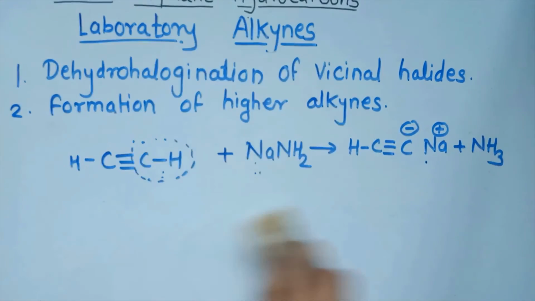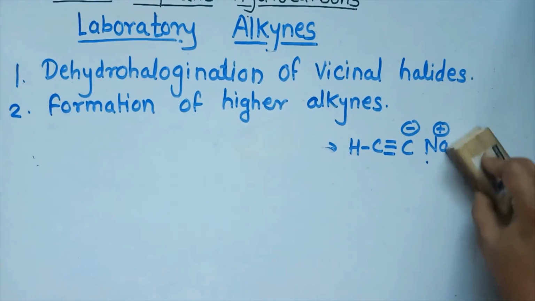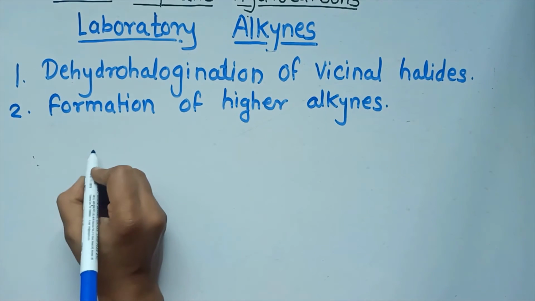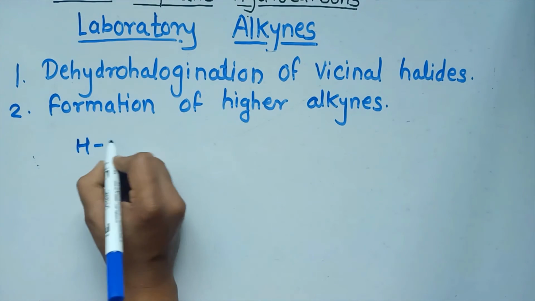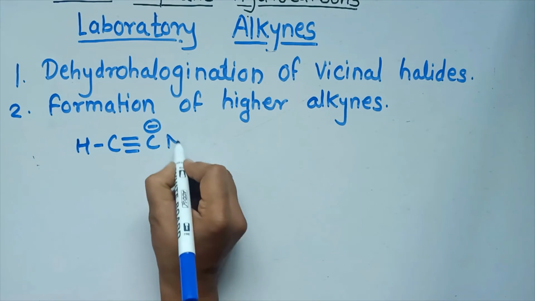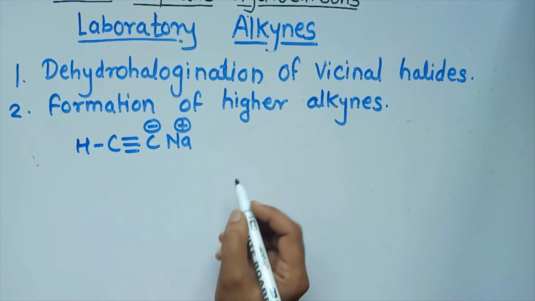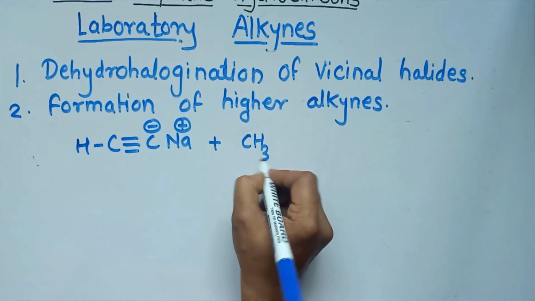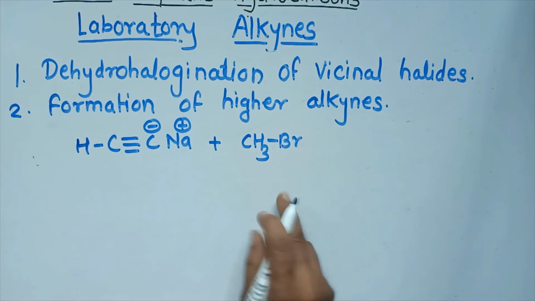Then these acetylides, first we take this sodium acetylide. It reacts with the alkyl halide. So we consider here methyl bromide.